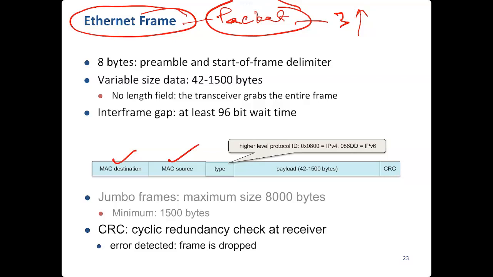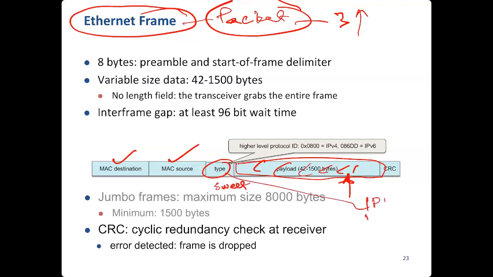The third essential thing here is a type. Many courier companies insist you write what is inside. The type says what is inside. The payload is the area where useful things are, like laddus. She can write here sweets, but in Ethernet, you write whether inside is an IP packet or IPX packet or something else.